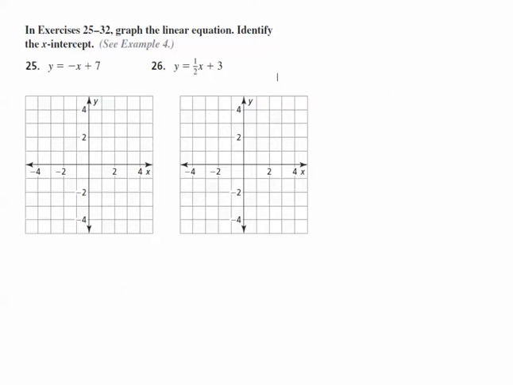But what we can always do when that's a problem is make a small table of values. Remember, you can always make a table of values to graph. But when x is 4, for example, -4 plus 7 is going to give me a 3.